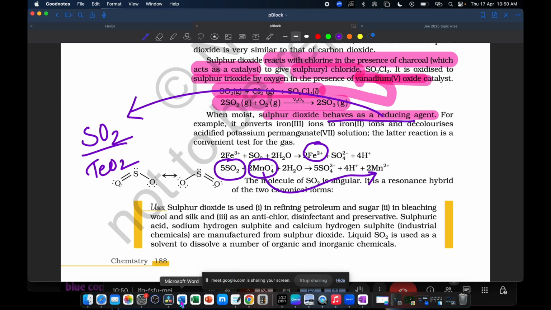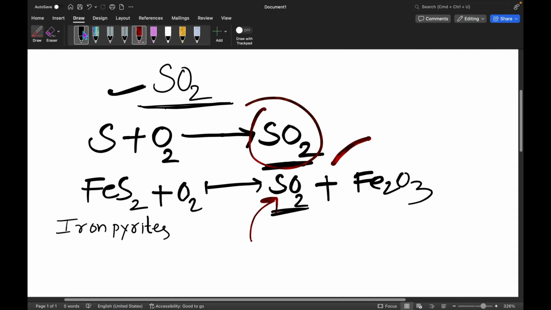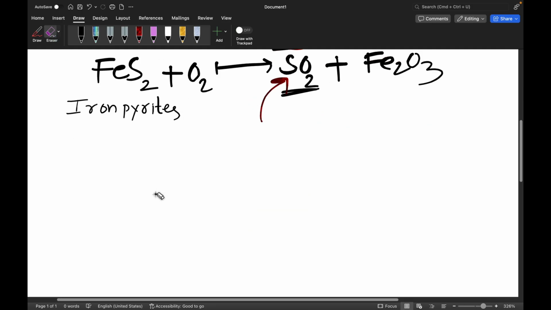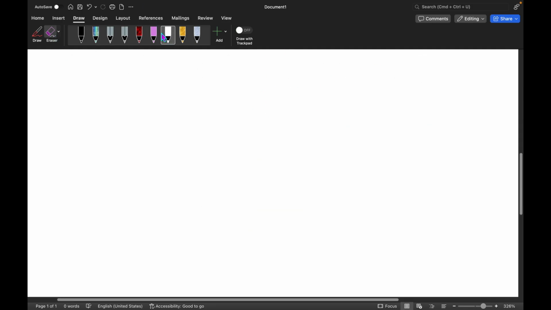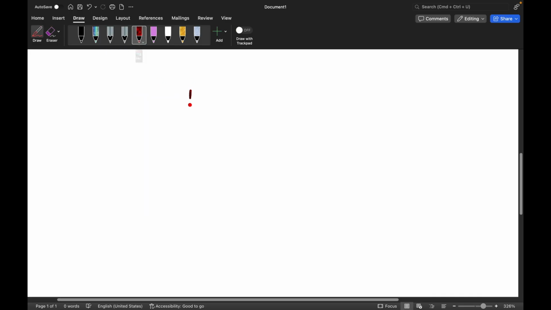Do you remember? We can write these reactions like this. For example, Fe plus 3 is converted to Fe plus 2.